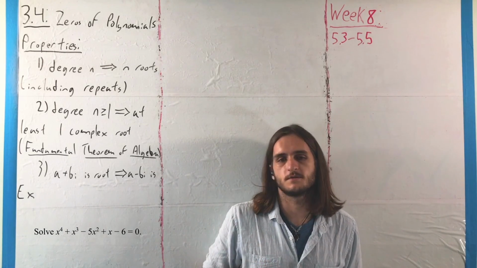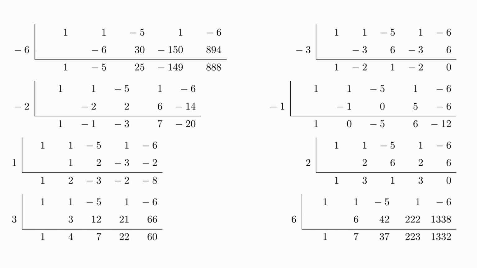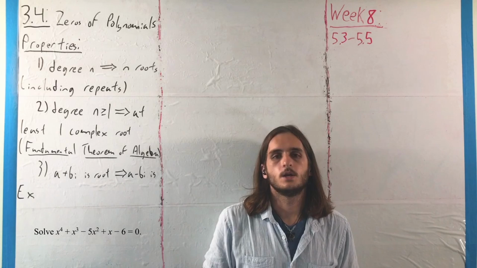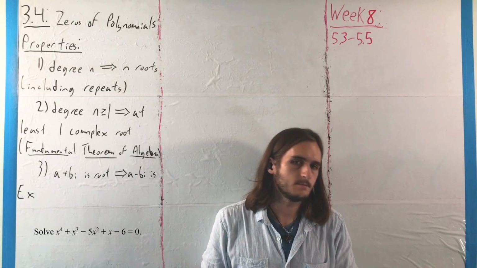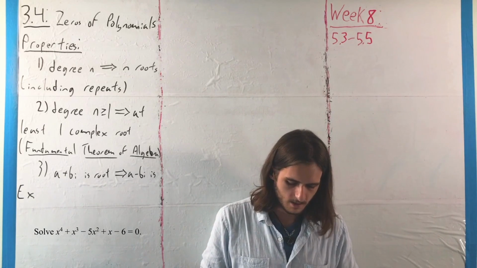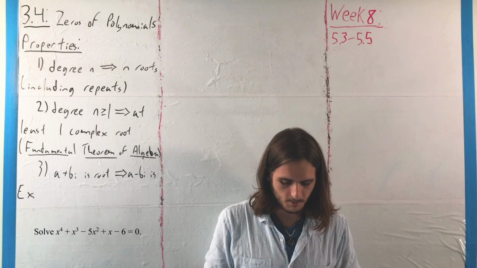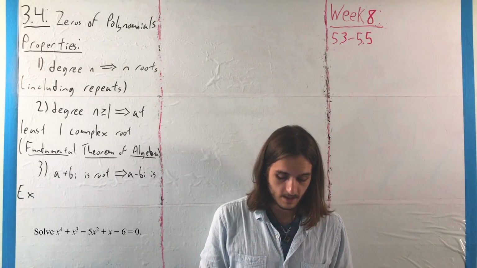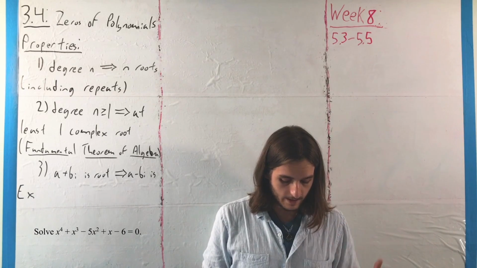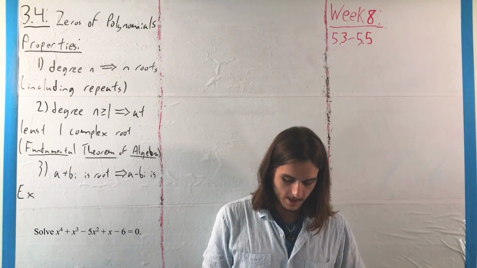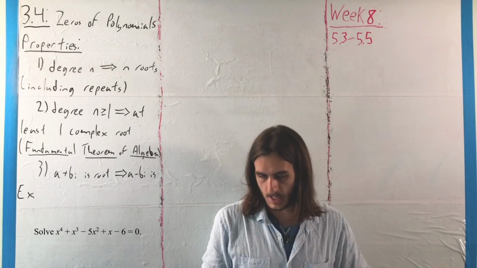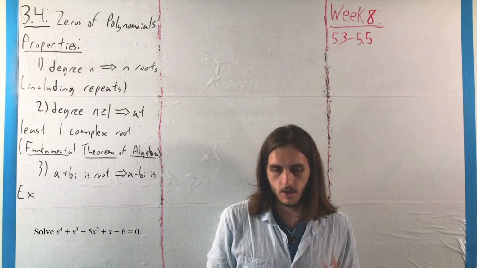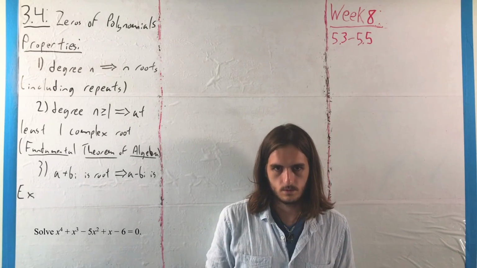Which means we might think to ourselves, oh man, we get to do synthetic division 8 times, don't we? No. Well, I mean, we can, but no, don't do that. Your time is more valuable than this. What you should do is plug in -6, -2, -1, 1, 3, and 6, and see that none of those values evaluate to 0.